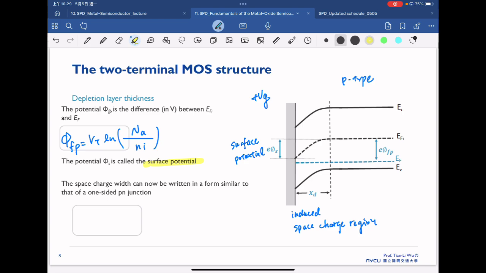The space charge width can now be written in the same form as a one-sided p-n junction, where our xd is equal to the square root of 2 epsilon phi s over q Na. So we borrow the equation we already have from the one-sided p-n junction, and we just put it here.